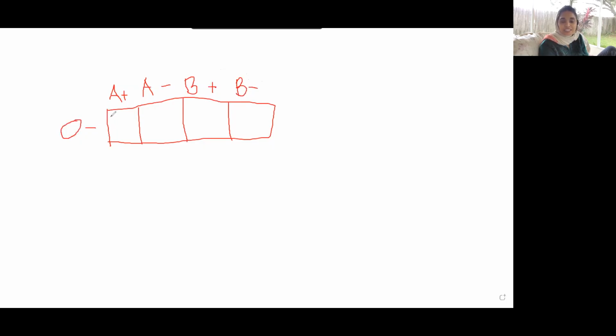In the O negative parent, that's the only gamete possible, O negative. That's all. That's enough. You already got A negative there, right? So yes, they can have an A negative child.